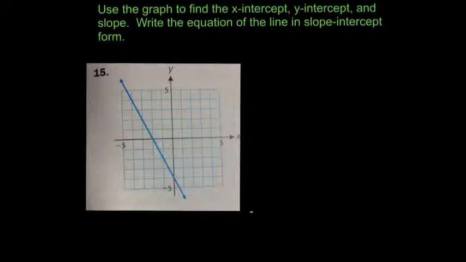For this graph, I'm asked to use the graph to find the x-intercept, the y-intercept, and the slope, and then I'm asked to write the equation of the line in slope-intercept form. Well, the x-intercept is just the point where the graph crosses the x-axis, so that would be right here.